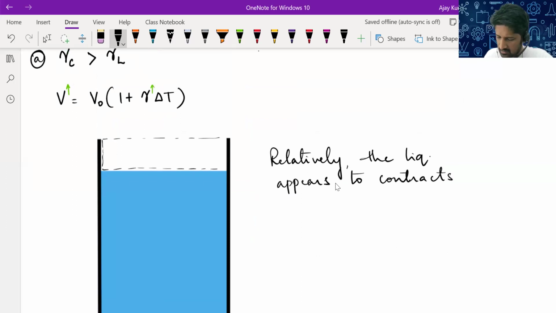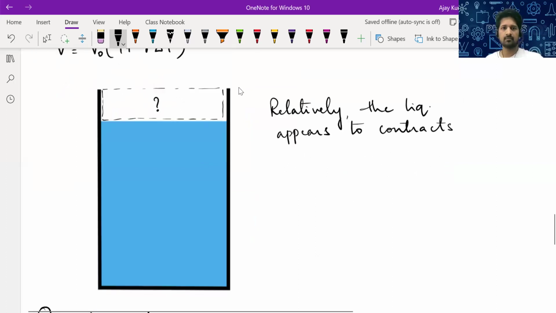Okay. How do you calculate this volume? Can any of you tell me? Suppose gamma of container was more than gamma of liquid. How to calculate how much free space is created? How to find out how much empty space is there in the container?